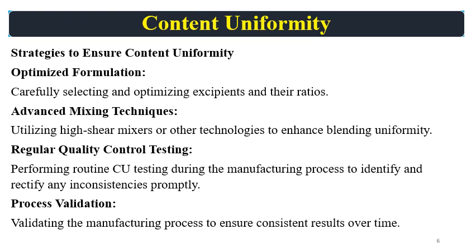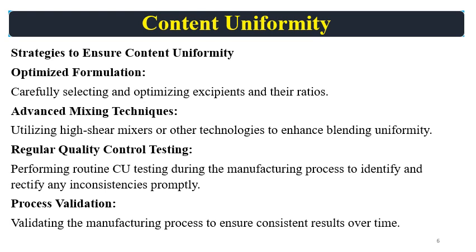First is formulation optimization, process optimization, selecting the excipients and their optimization, their ratios to be checked, and its effect onto the content uniformity is required to be studied. Use of advanced mixing techniques like high shear mixers, other technologies to enhance blending uniformity, like use of the blenders, use of some intensifier bars in the blenders.